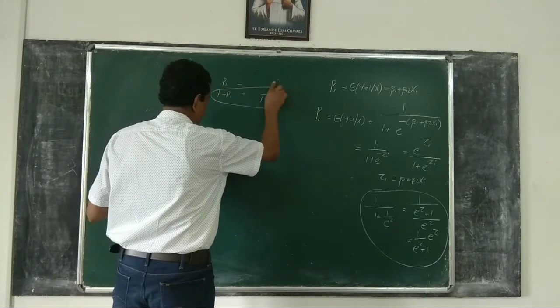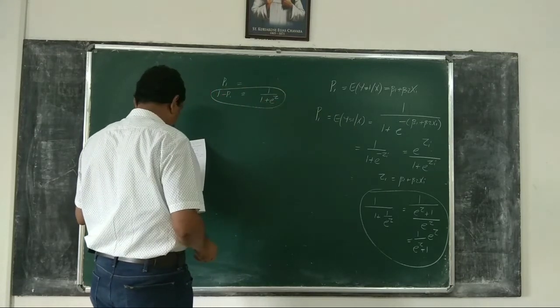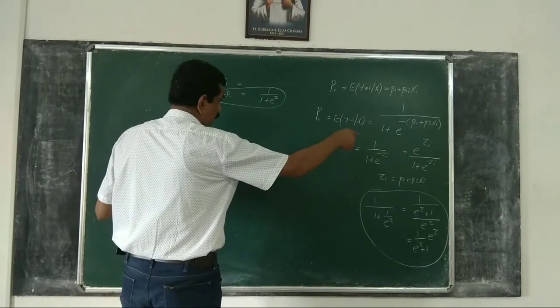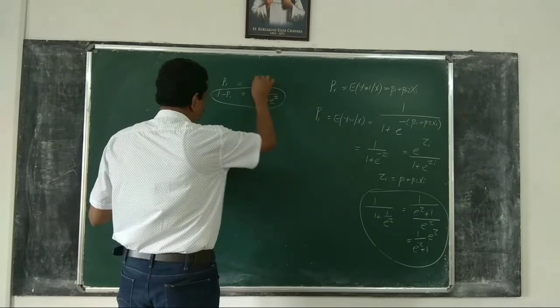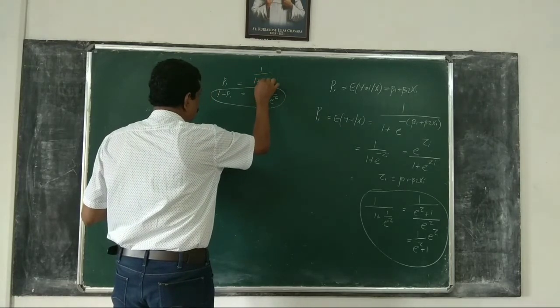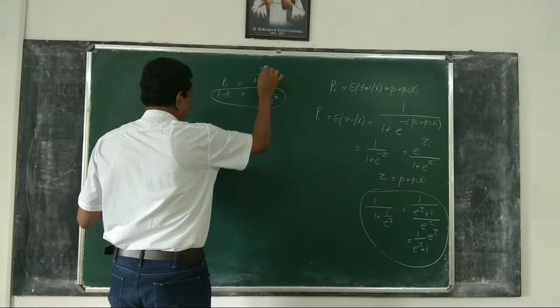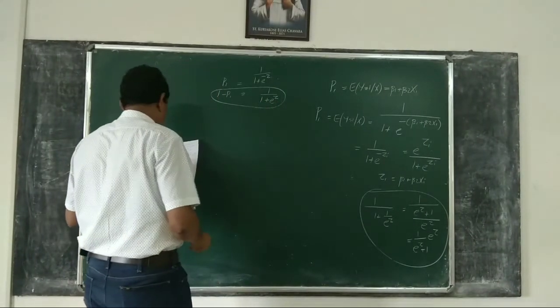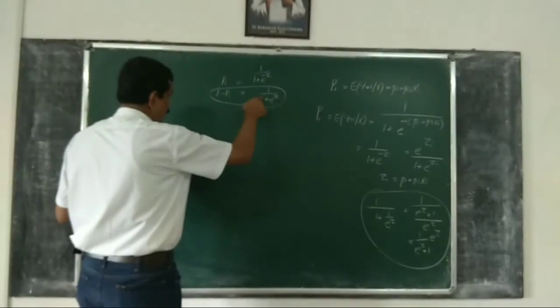We have written Pi as 1 by 1 plus e raised to minus z, and 1 minus Pi as 1 by 1 plus e raised to z. Let us see why this is so.